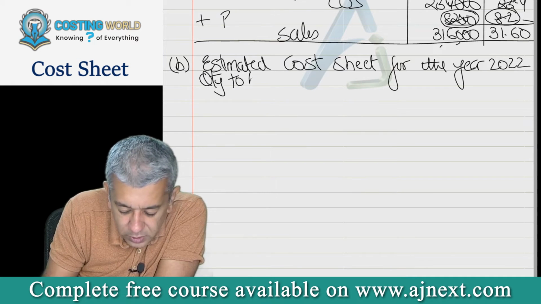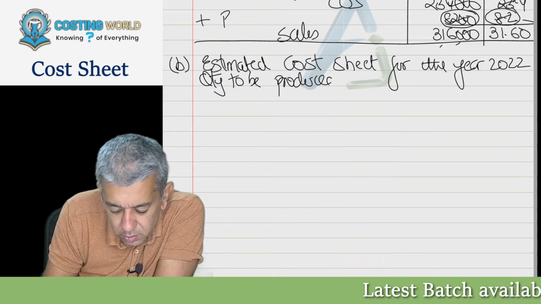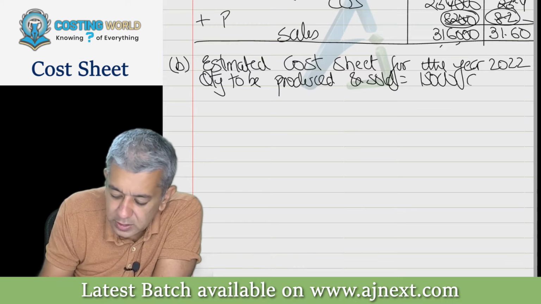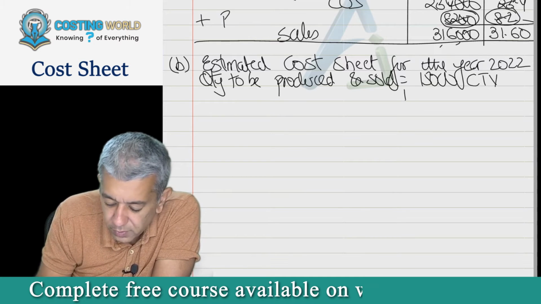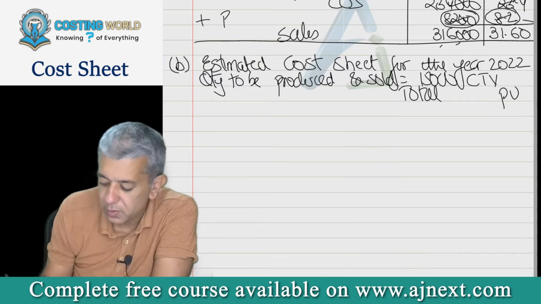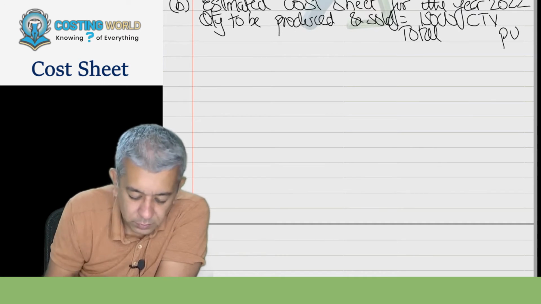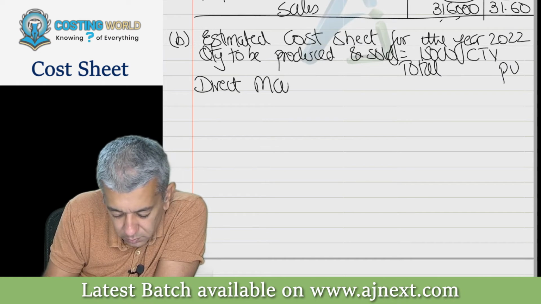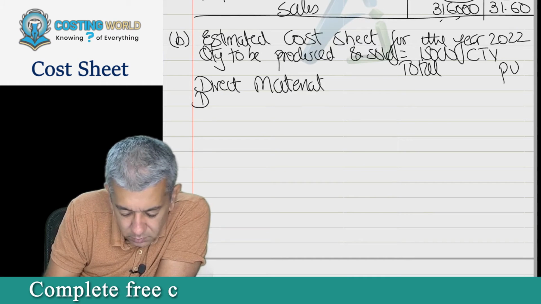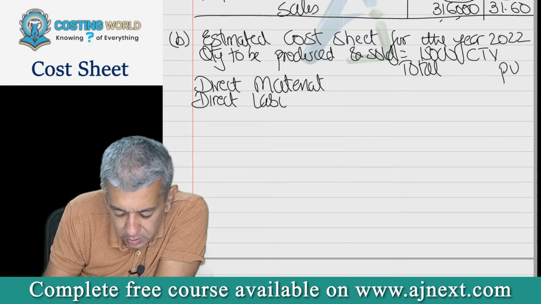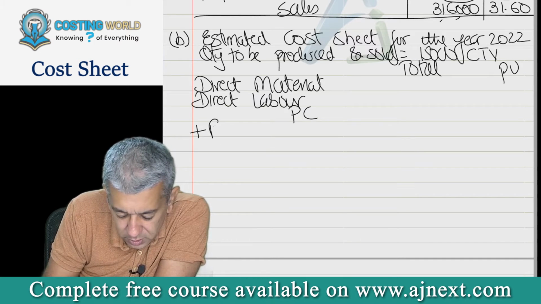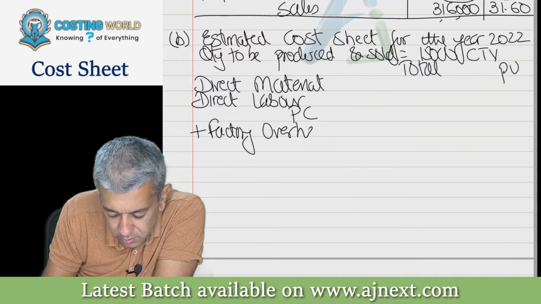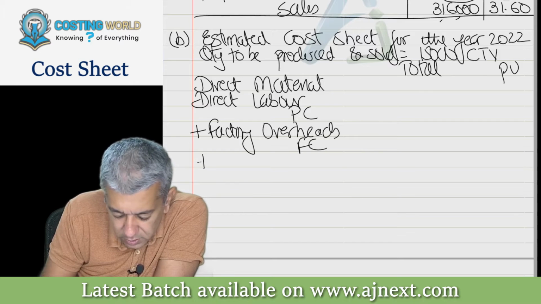Quantity to be produced and sold: 15,000 CTV, color TV tubes. Total, per unit. Direct material, direct labor, prime cost, add factory overheads, factory cost.